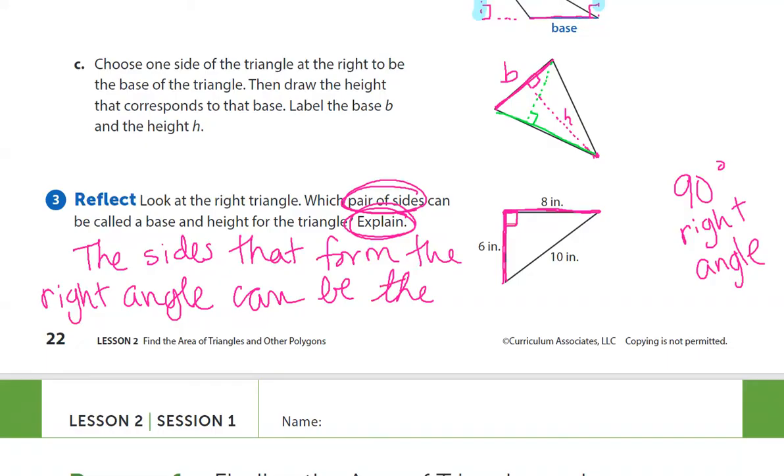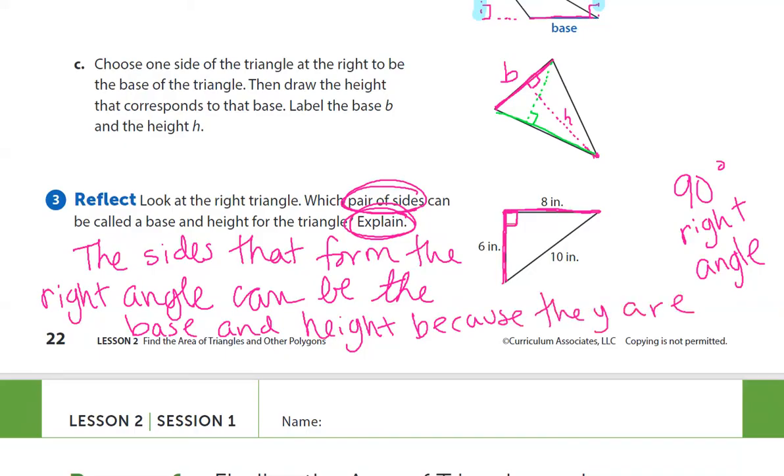Stop doing that. Look at all the space I'm running out of. Do I know how to spell perpendicular? I'm a math teacher, not a spelling teacher. I think that's how you spell perpendicular, for goodness sakes.